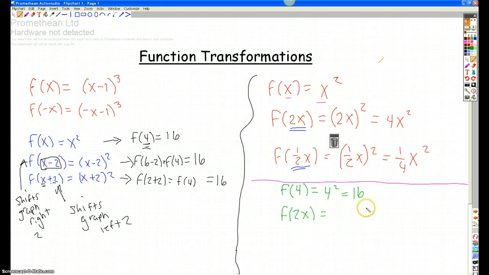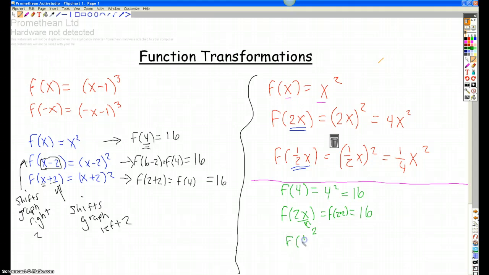Now, if I want to get out 16 dolls, I only have to plug in a 2 now, to make this 2 times 2. In other words, I only need to plug in half of what I used to have to plug in. So that's why you cut your x values in half by putting a 2x there.